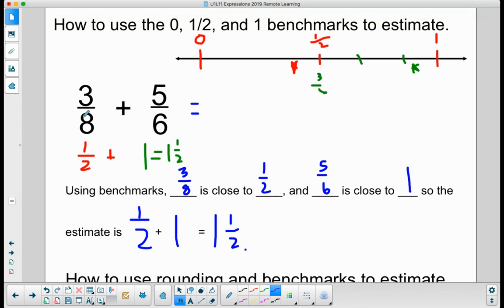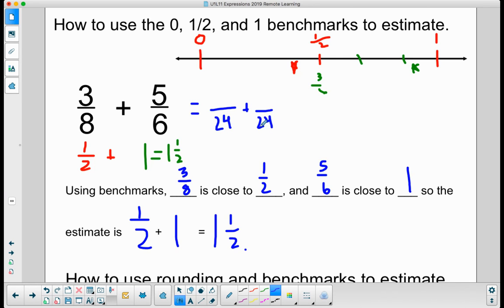So I can use a multiple less than 6 times 8, which is 48. So I think of my 6's: 6, 12, 18, 24. So I can use 24 as a common denominator because I know my facts.